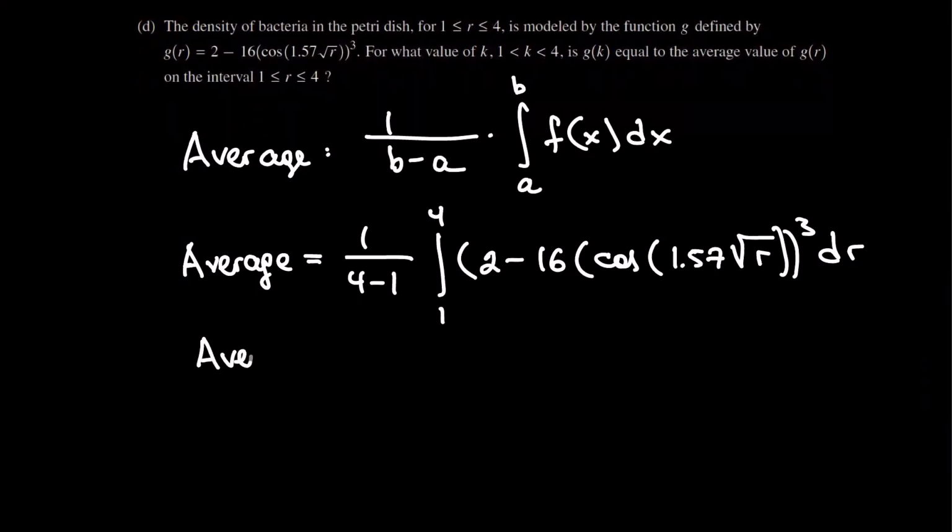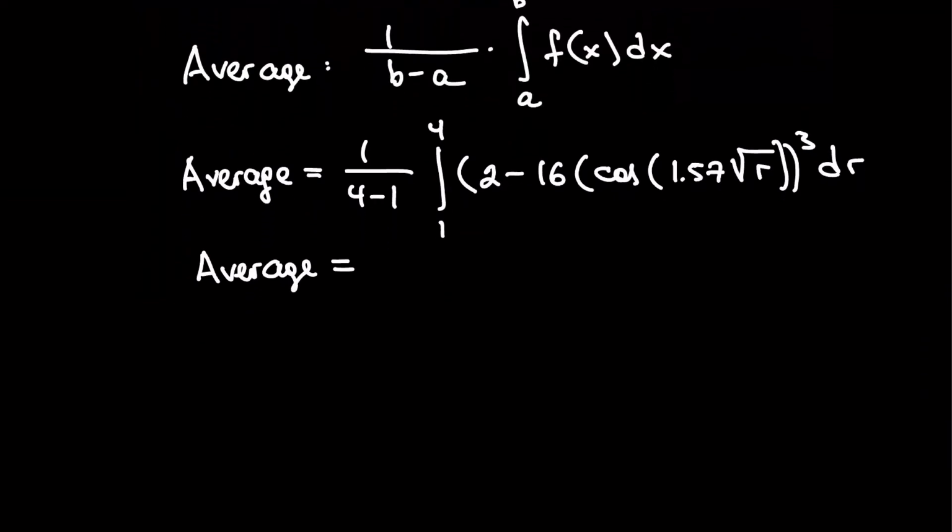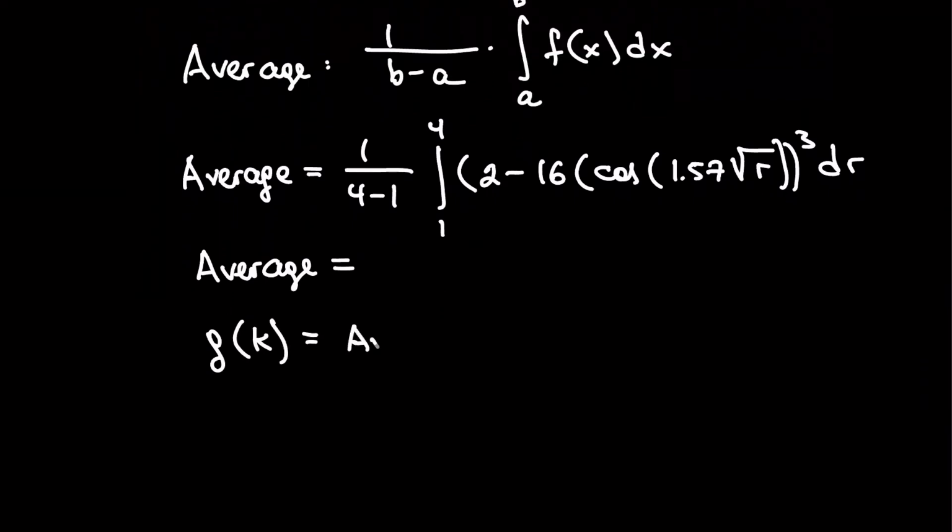So this average will be some number. And then we need to find such k that G of k is equal to this average.